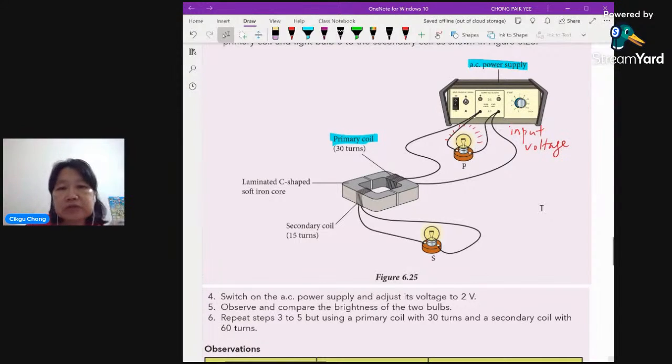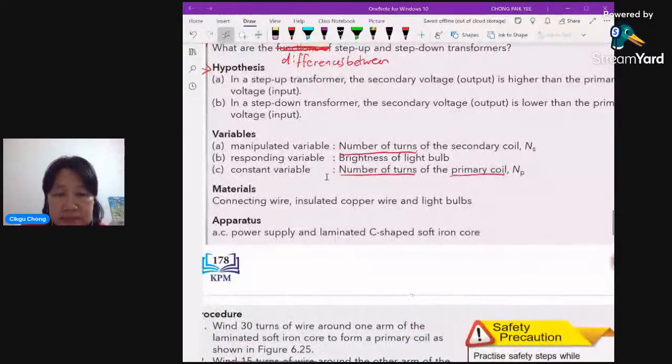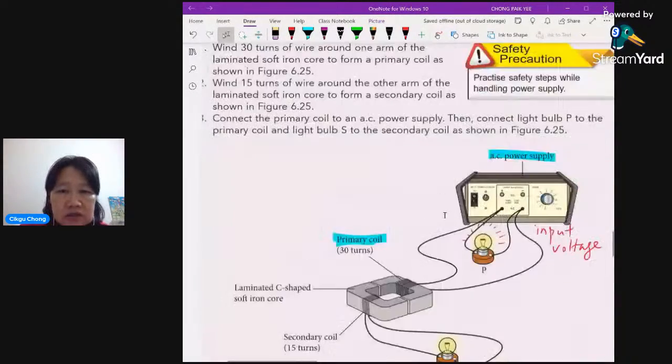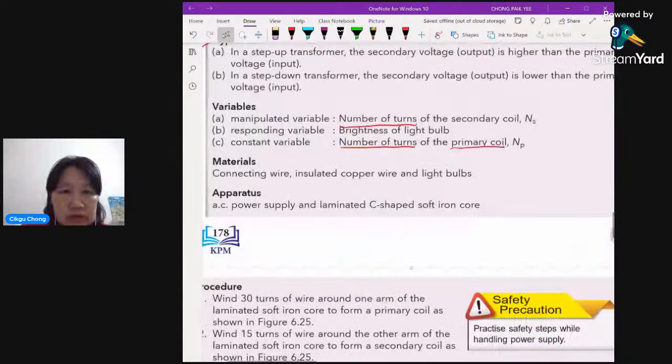Okay, now back to this one. So now you have your primary coil connected, always connected to the power supply. So this is the input voltage. Now next one. So what is the constant? Constant here is on the other side.